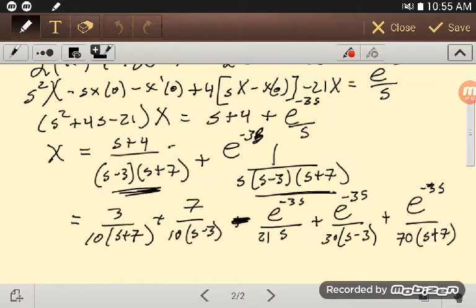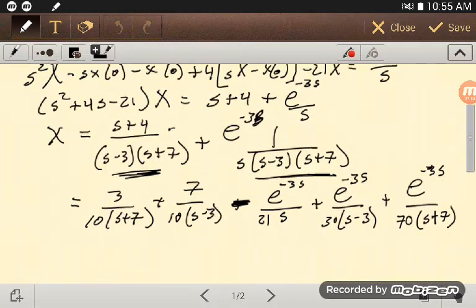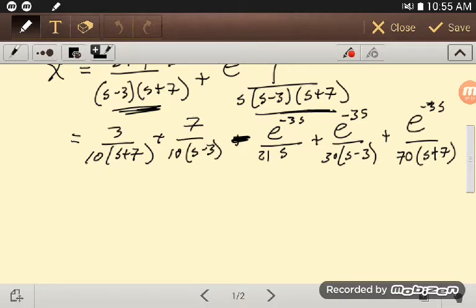Yep. Okay. So that's x, and now I need the inverse Laplace transform, and so we have x of t equals. Now again, on the inverse Laplace transform, I know how to do those first two.